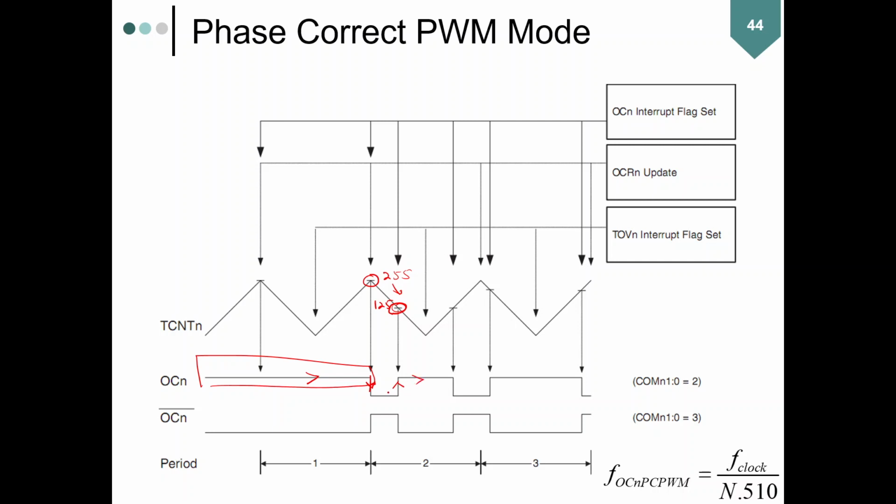It remains high, counts from 125 to 0 and then starts counting upwards. And once again, when it reaches 125, it again compares. The comparison is made between the timer count and the output compare register, and this time it is driven low. So this is how it keeps toggling.